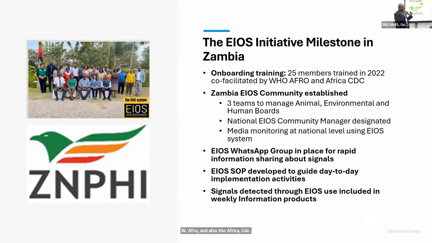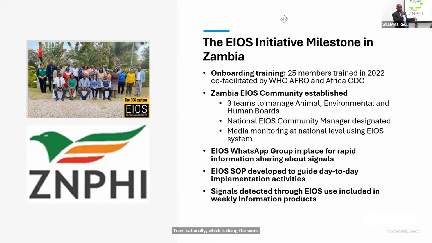So we now have a community that has been established, and through this community, we've created 3 teams that are responsible for managing 3 boards that are One Health in outlook, that is animal health, environmental health, and human health. Of course, we've designated a manager who is responsible for managing the community, and we have also established the media monitoring mechanism or team at national level, which is doing the work.